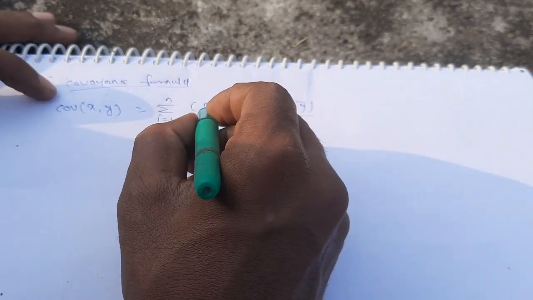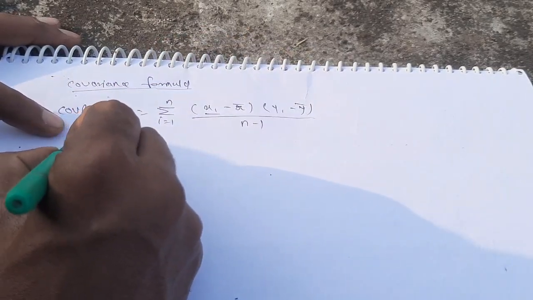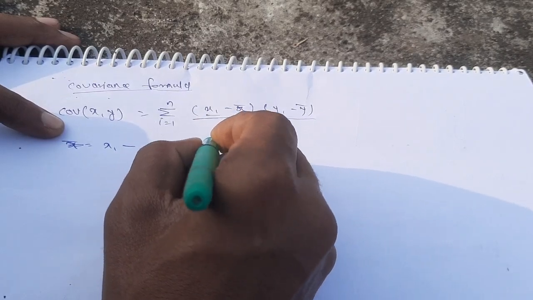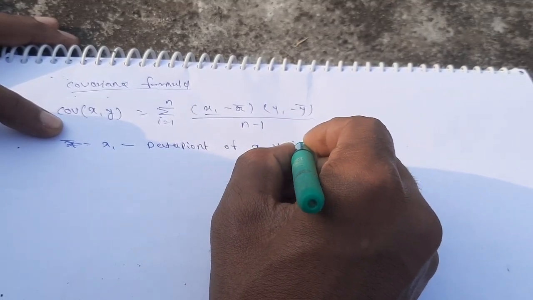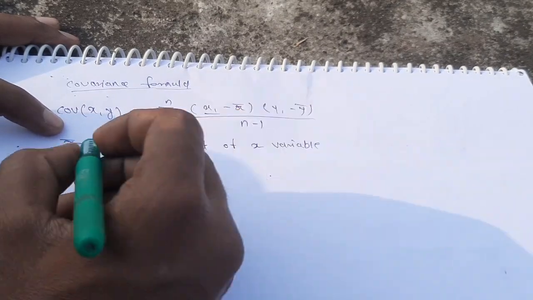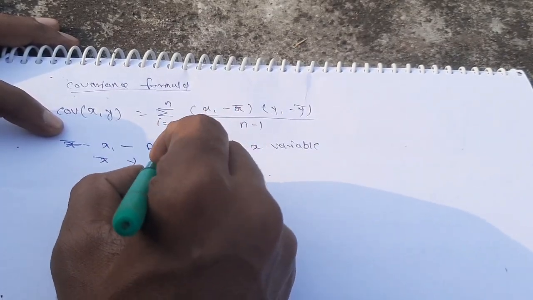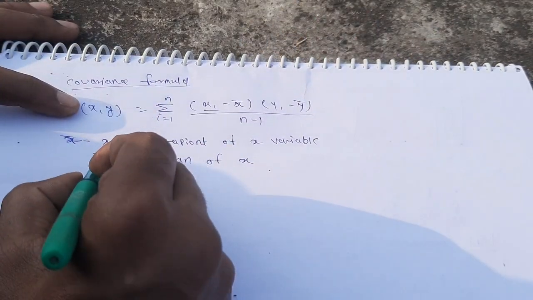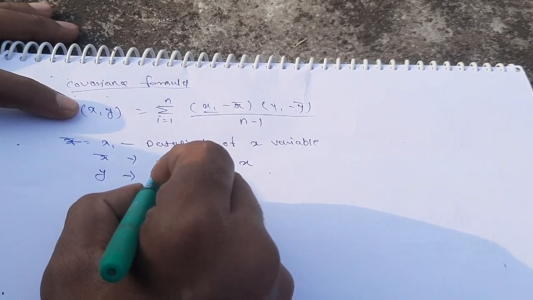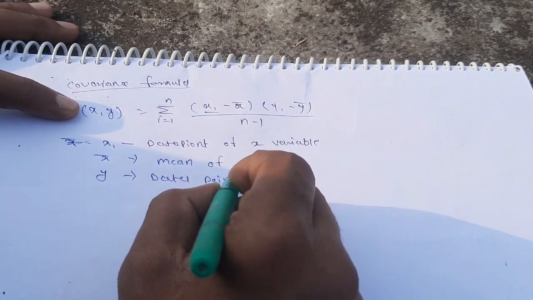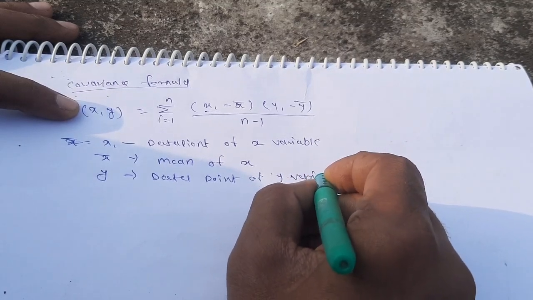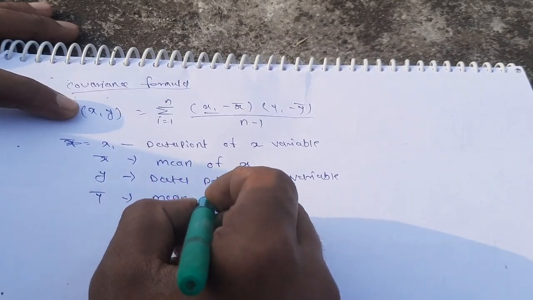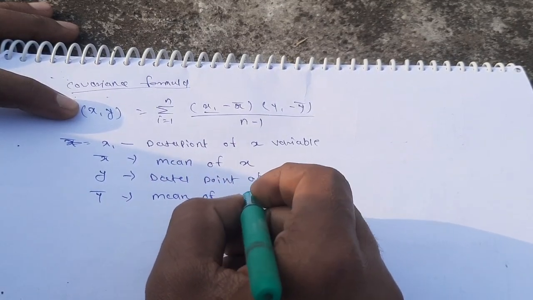Understanding what each term is: xi is a data point of the x variable. x bar is the mean of x. yi is a data point of the y variable. y bar is the mean of y.